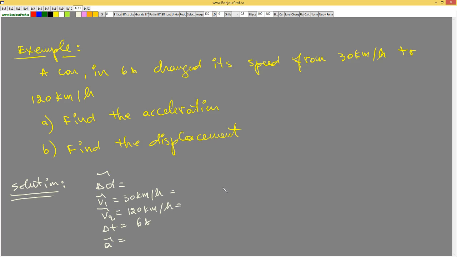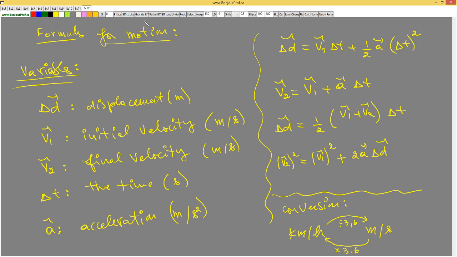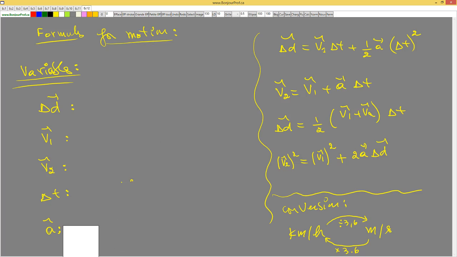Okay. I'm going to write all the information on the page where we have the formulas. I'm going to erase these ones here, and I'm going to write now what we know. We know the time, it is 6 seconds. So V1, 30 kilometers per hour, gives you what? 8.3 meters per second. And V2 was 120 kilometers per hour.